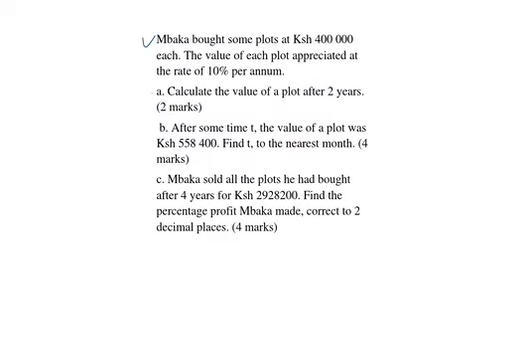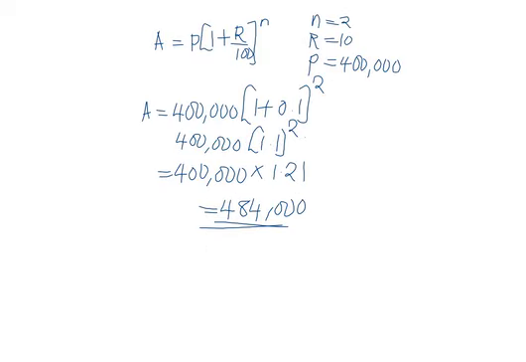Part B, after some time t, the value of a plot was 558,400. Find t to the nearest month. So we have part B, where the amount is given as 558,400.